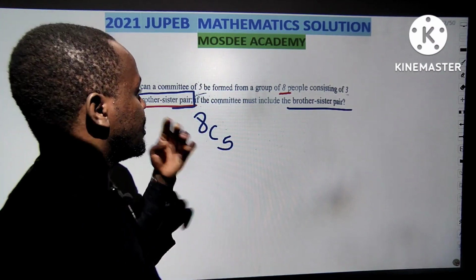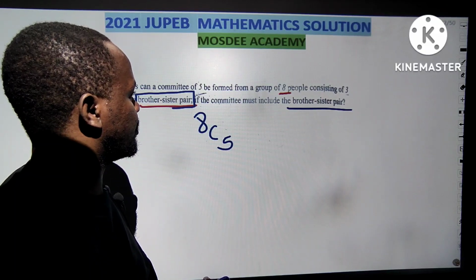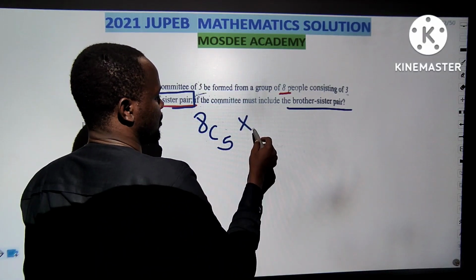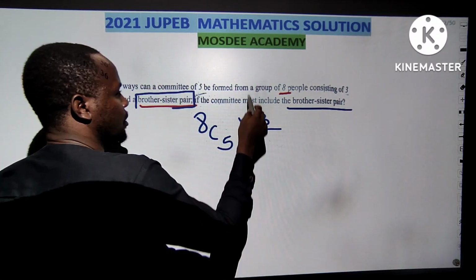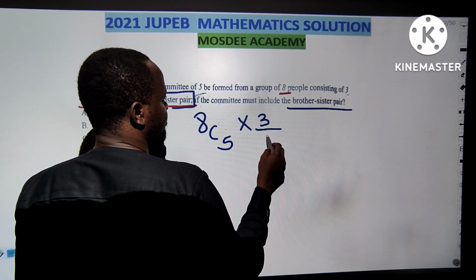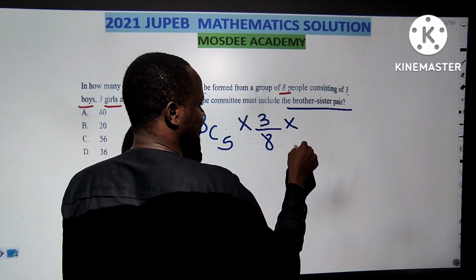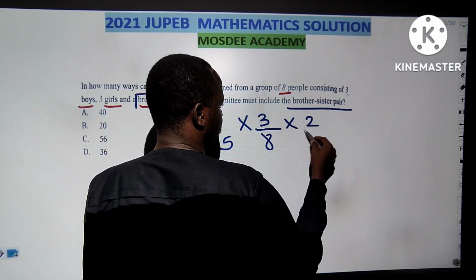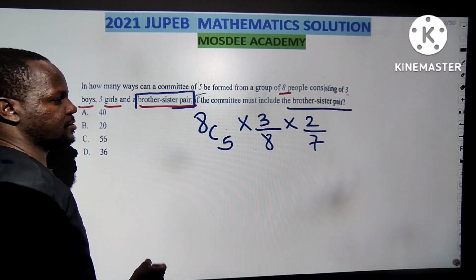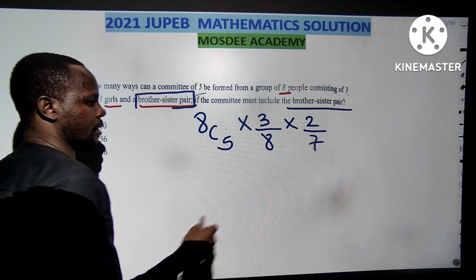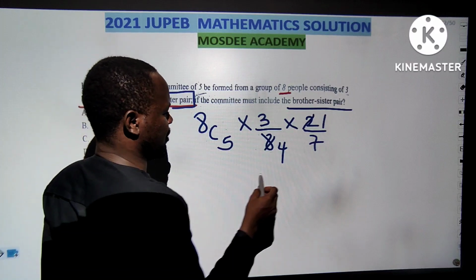So including the brother and sister pair, if I pick the first brother, how many boys are there? If I pick the first one, 3 out of 8, right? Then the second person, without replacement, is 2 out of 7. I hope I am correct. So let's see if this is correct. I can cut 3 here 1, 3 here 4, so I'm having 3 over 28.